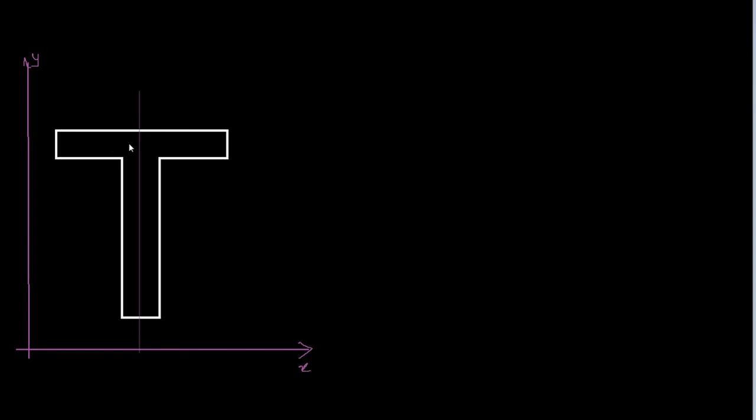Now you can see this shape is divided into two equal parts by a line which is drawn parallel to the y-axis, and therefore the x coordinate of the centroid is fixed, which is this distance. So this is your x bar. Because this is an area, a two-dimensional case, you only need to find two coordinates. You need to find your y bar, and that y bar will be lying somewhere on this line.